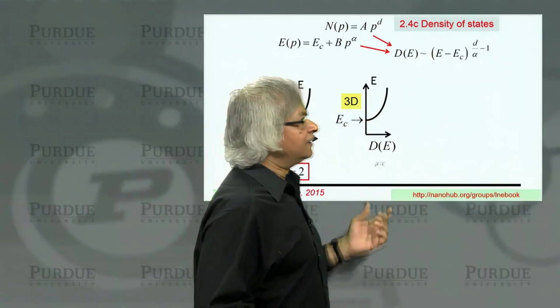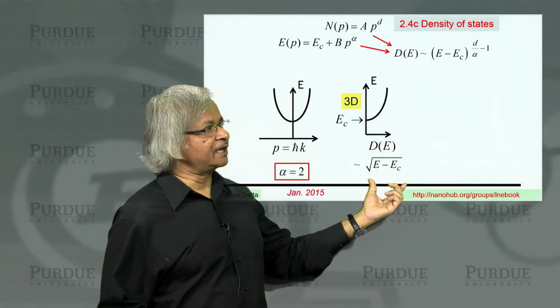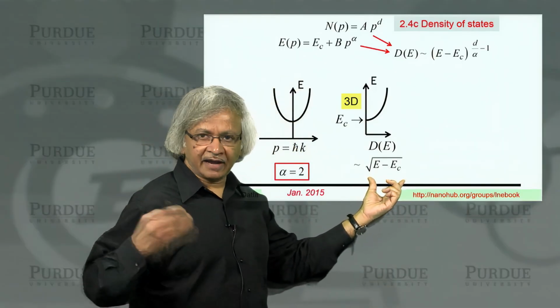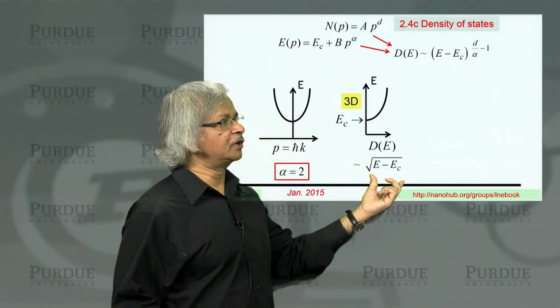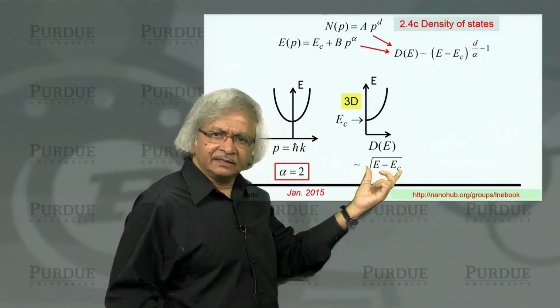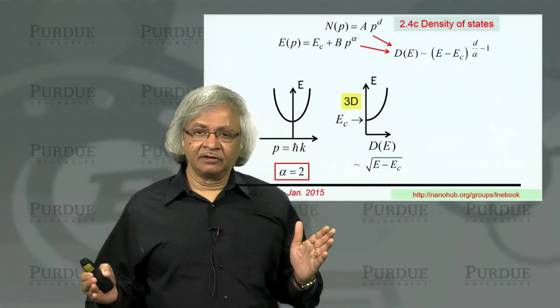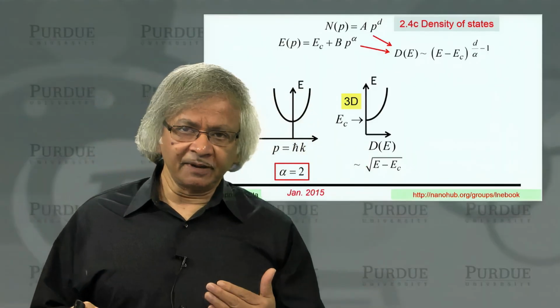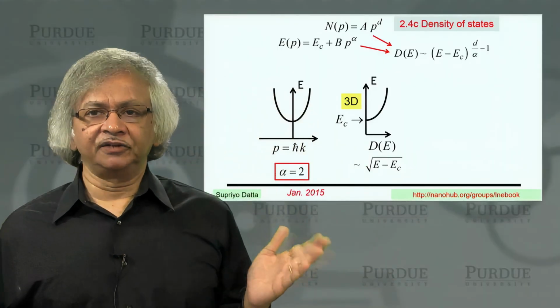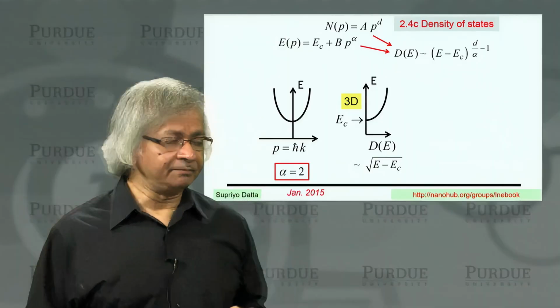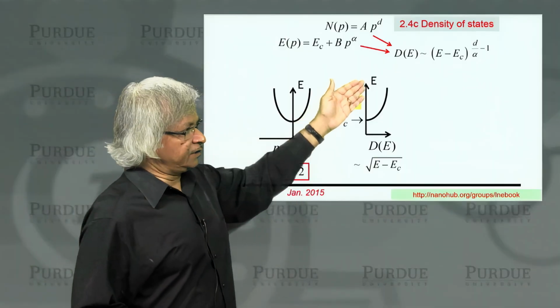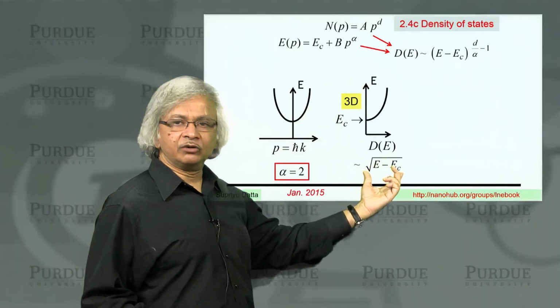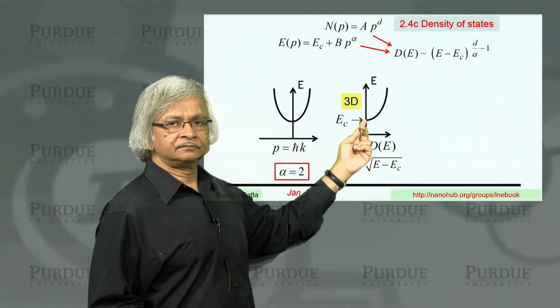And so the density of states looks like E minus EC to the power half, which is the square root of E minus EC. This is the most common form that you'd see for density of states. It's this parabolic band, assuming a bulk 3D semiconductor, for example. The density of states goes as the square root of the energy.